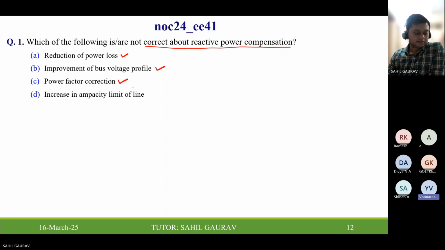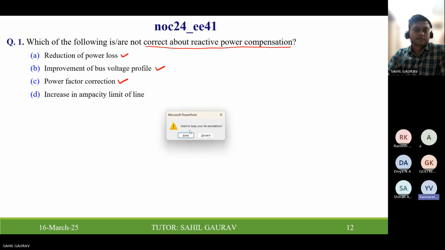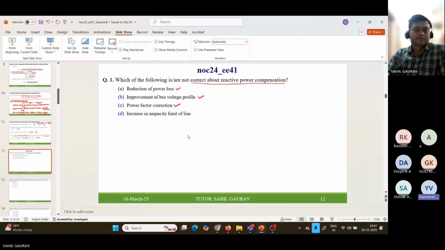No, sir. When we do the reactive power compensation, the current drawn from the source will be reduced, so the ampacity limit will be increased automatically, because the capacitor will be supplying the reactive current, so the current drawn from the source will be less.